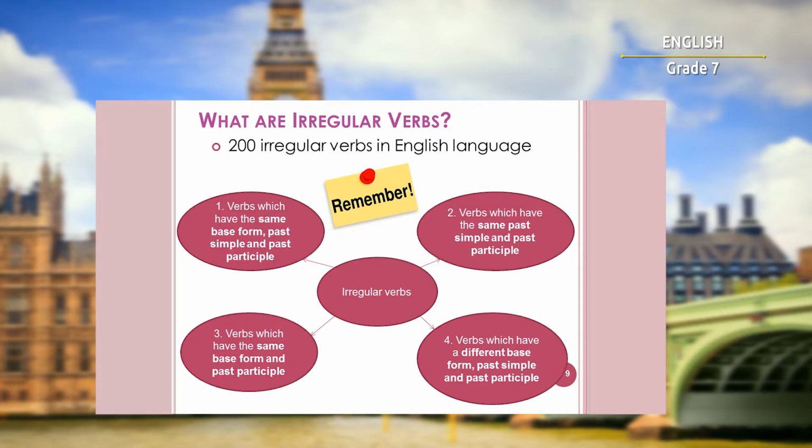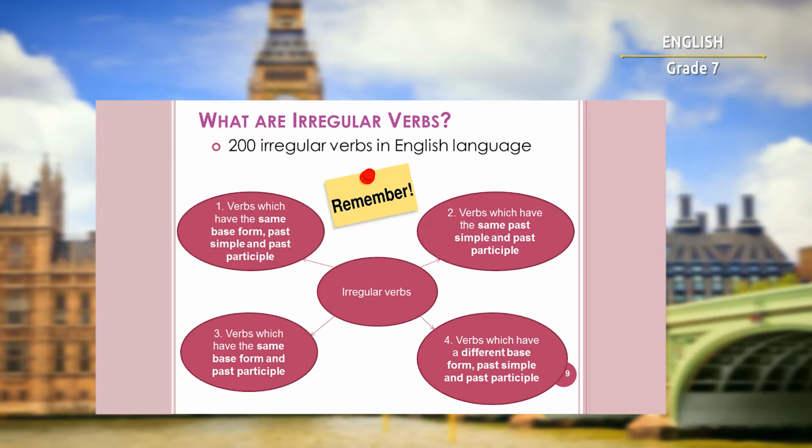And there are about 200 irregular verbs in the English language. A good way to learn irregular verbs is to study them in groups because, as they are similar, they are easier to remember. So the first group is about verbs which have the same base form, past simple and past participle.